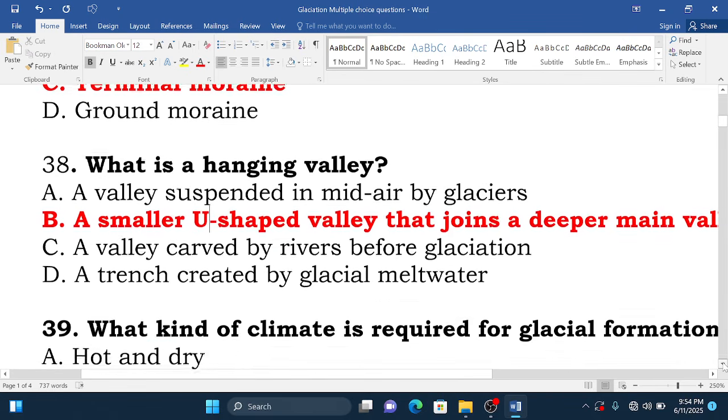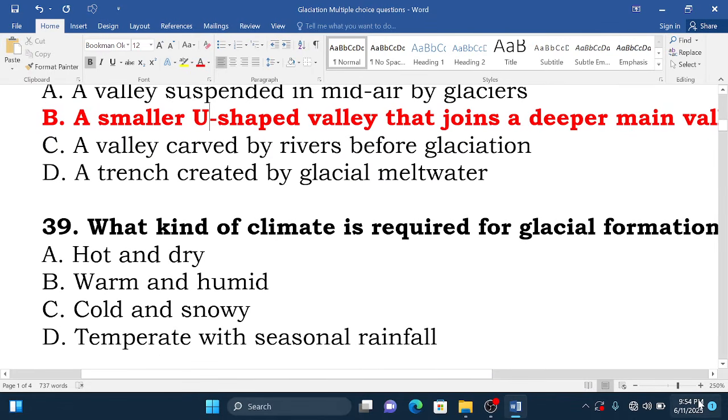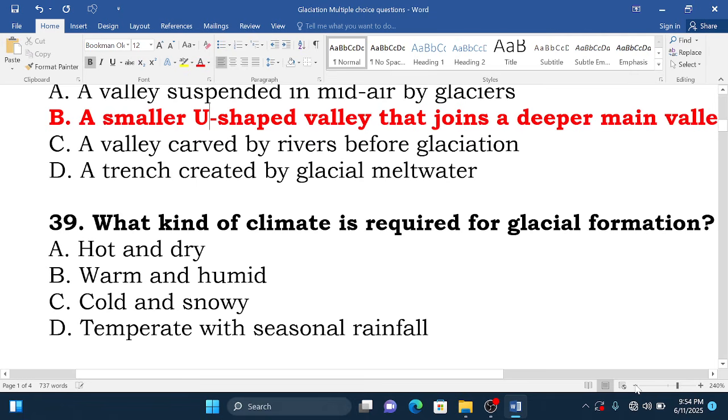Question 39 is asking, what kind of climate is required for glacial formation? A, hot and dry. But hot and dry cannot lead to the formation of glaciation. It can cause a glacier to melt.